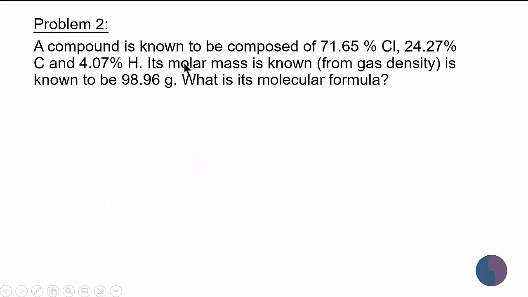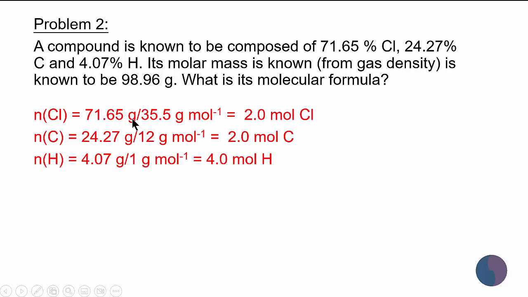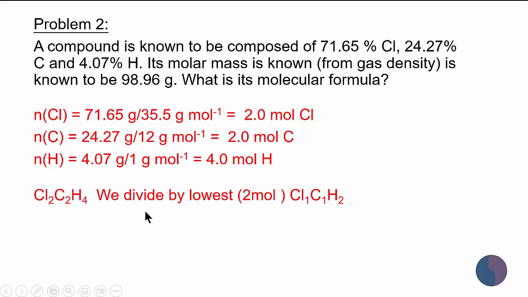Okay, just one more. We know the molar mass is this. What's the molecular formula? We have this data here, so we'll do the empirical formula, and then we'll see if it's the same as this or a factor of this to work out the molecular formula. So convert all those to grams, work out the number of moles, get the empirical formula.